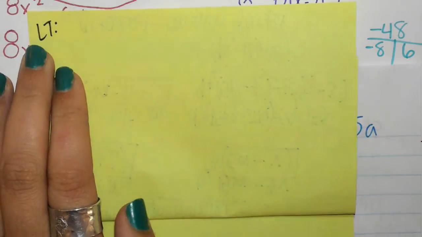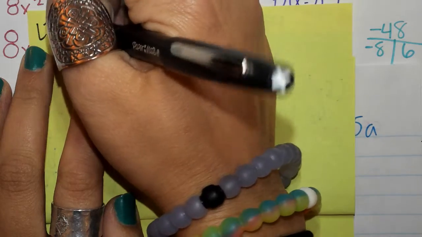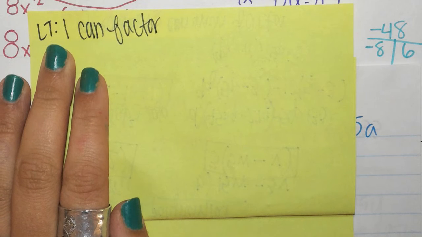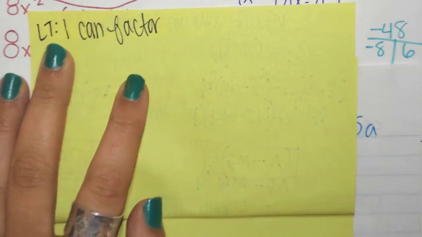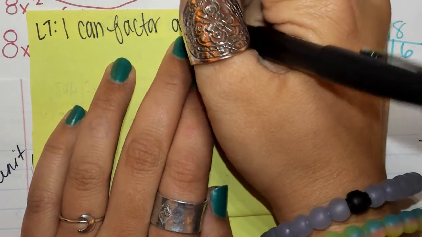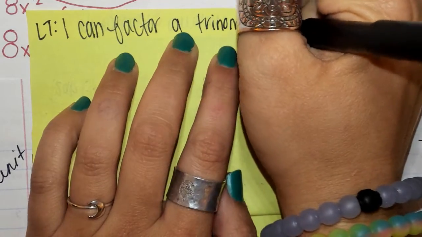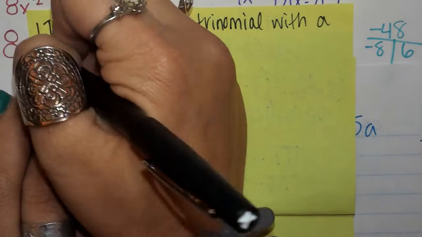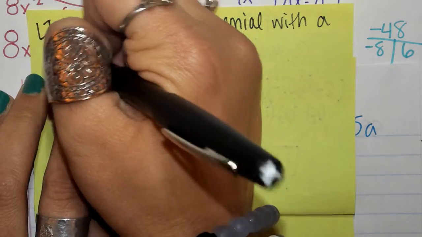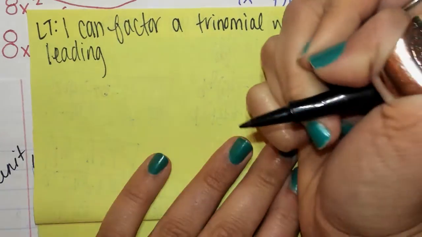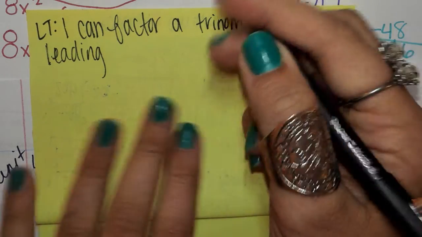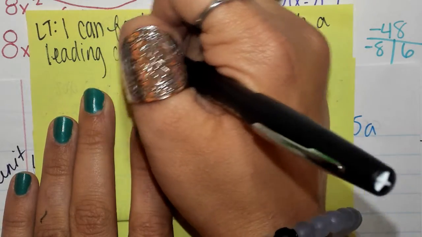Alright, so our learning target for today says I can factor a trinomial with a leading coefficient of 1.